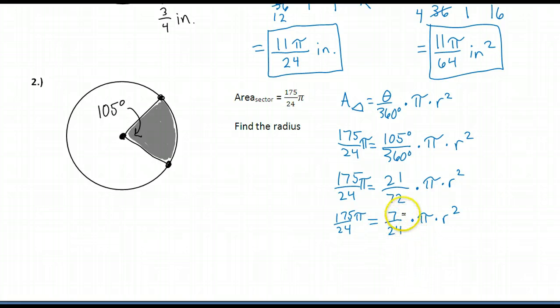To undo the order of operations, I want to get rid of this 7/24. Now I could divide both sides by 7/24, but there's an easier way. I'm going to multiply both sides by the reciprocal. When I multiply both sides by the reciprocal, my math becomes really easy. In fact, I can do this problem without a calculator.